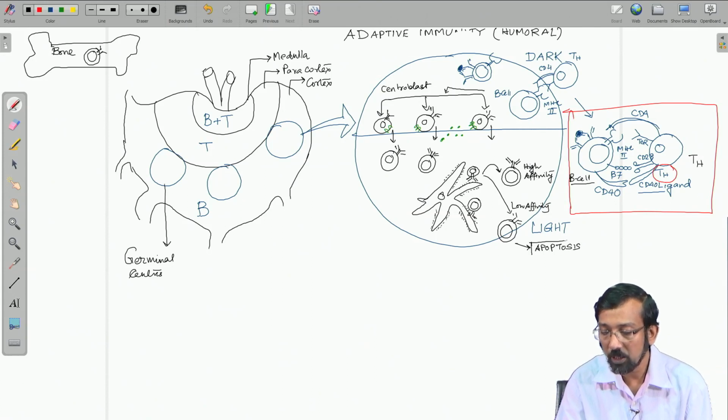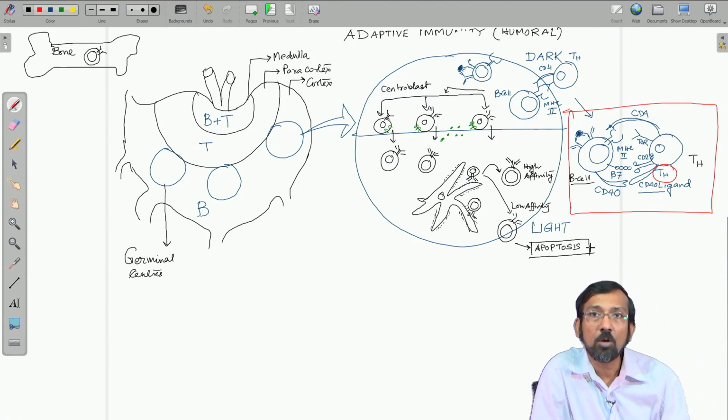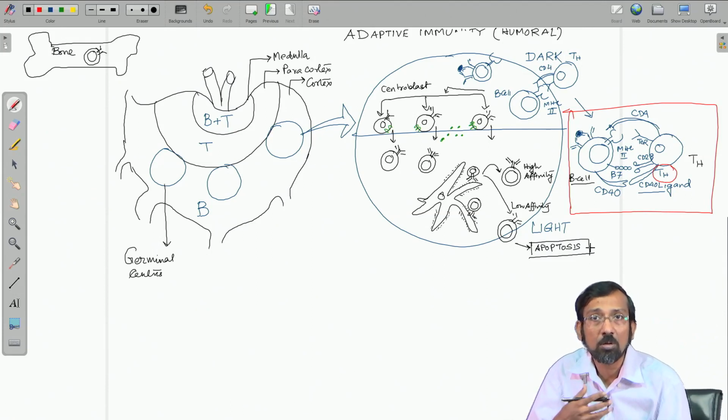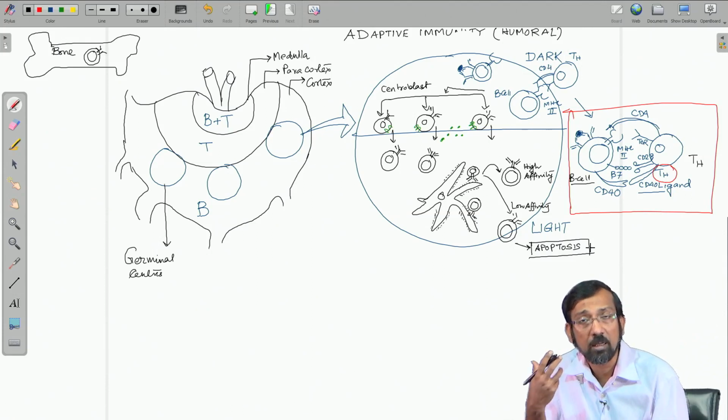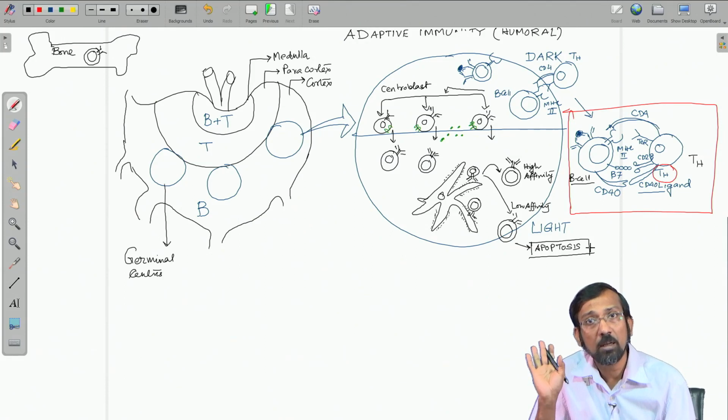As I told, all over the immune system we get this kind of selection processes where the best is being selected, and those which are not good are rejected, and those cells die by some process of apoptosis or programmed cell death.